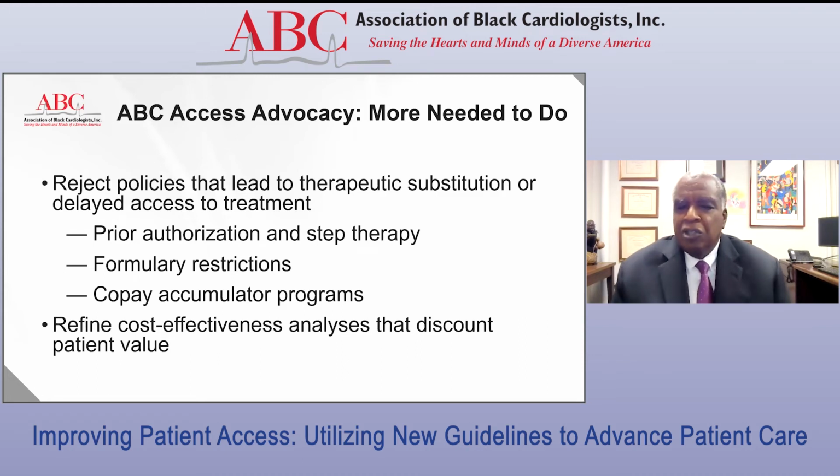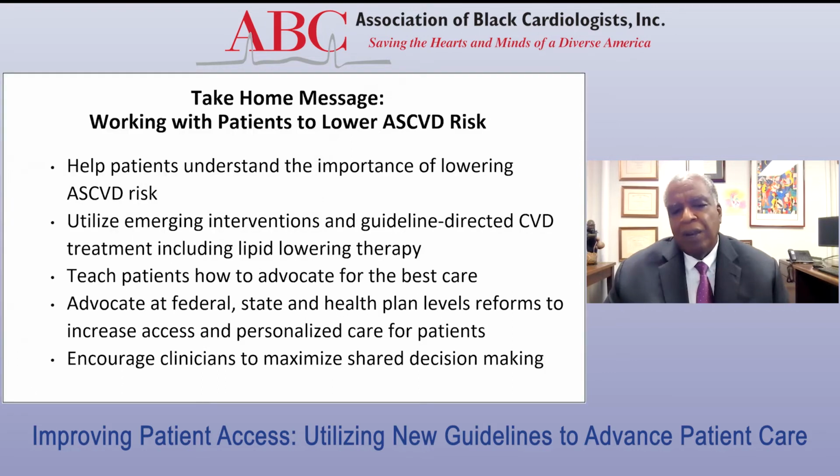ABC access continues. We, of course, need to do more. We need to work even harder on prior authorization, formulary restrictions, co-pay accumulators. And when we talk about cost effectiveness, we should take in mind the care and quality of life of the care. Here, my take-home message.